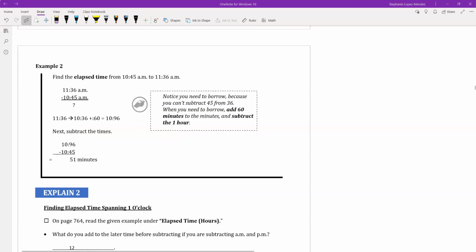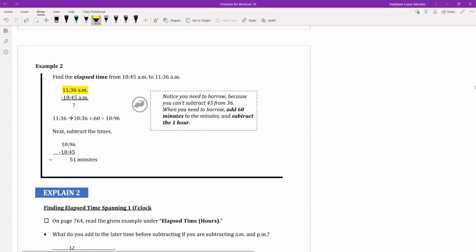Now if we go to example number 2, we now have, find the elapsed time from 10:45 a.m. to 11:36 a.m. Now, as I mentioned before, the time that has to go first is the greater time. Okay, so in this case 11:36 a.m., right? 11 is greater than 10.